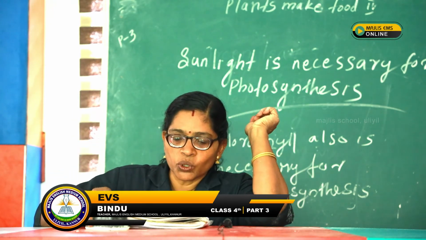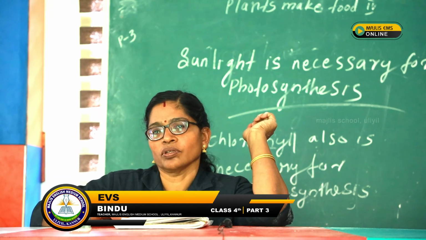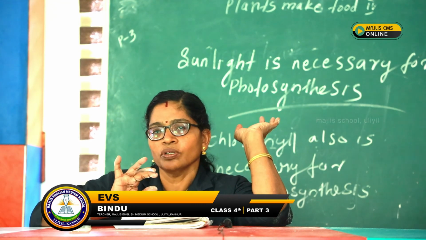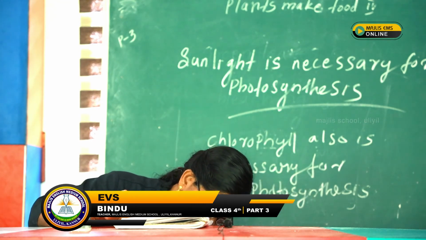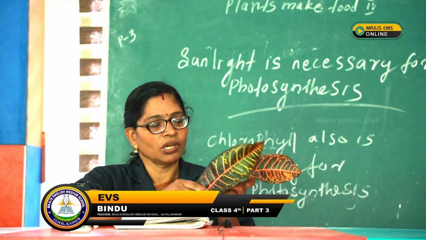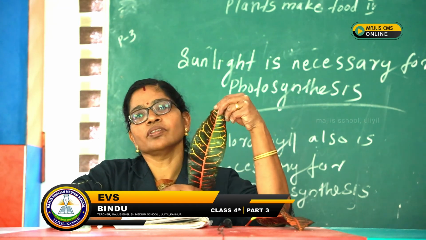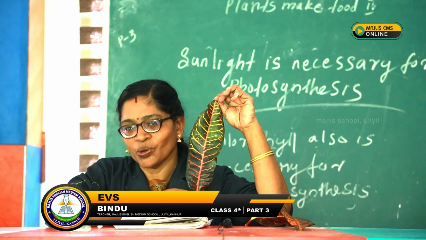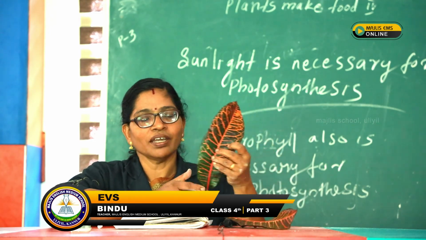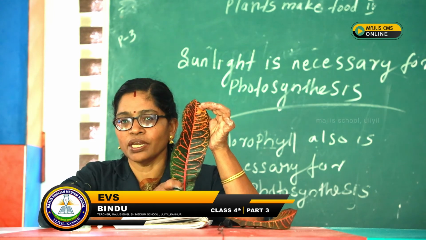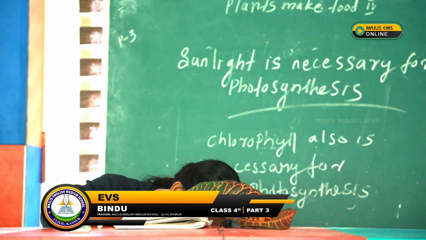Okay. And let us look at some unusual plants. Some unusual plants we want to study today. Look here. This is a leaf. Is it green in color? No. And another leaf. This also is not green in color.